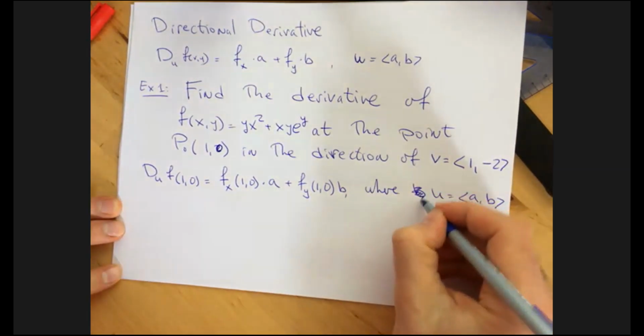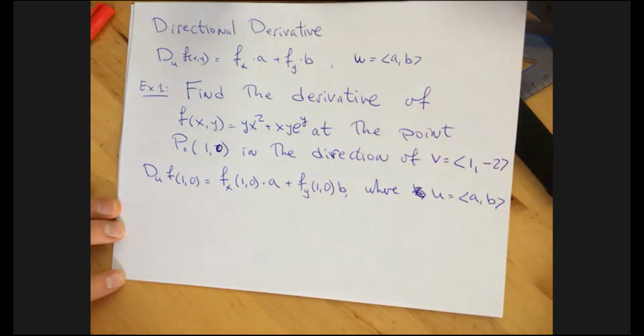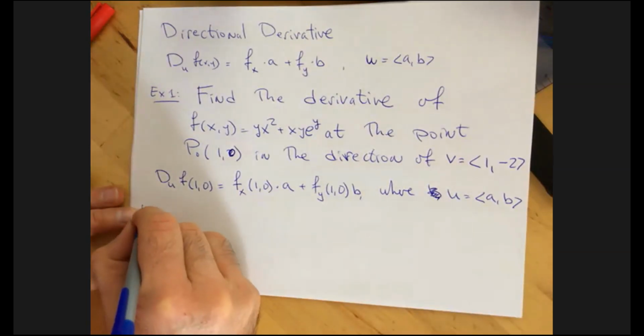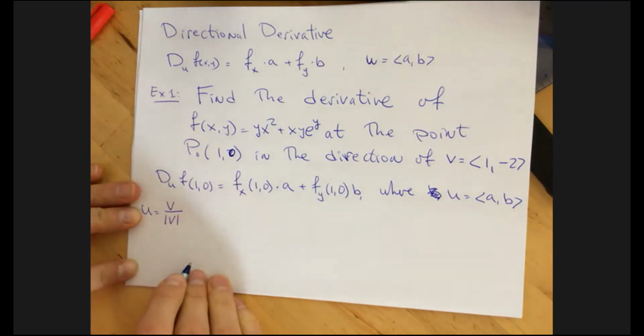Now the unit vector has to be a vector in the direction of v. So the first thing that we want to do is find u, okay? So u is equal to v over its magnitude.